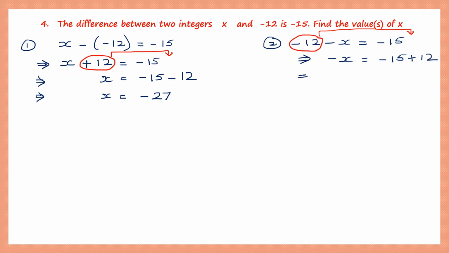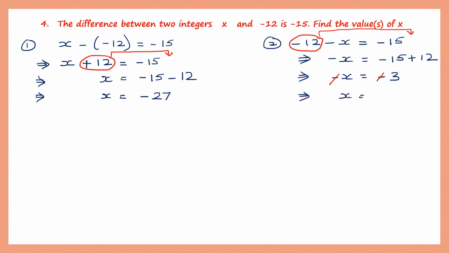So now we're going to find the value of minus x. Minus x is equal to minus 15 plus 12. Signs are different. Put the sign of the bigger number and subtract. 15 minus 12 is 3. So minus x is equal to minus 3. Since we have minus on both sides, we can cancel off the minus. So now we have the value of x.